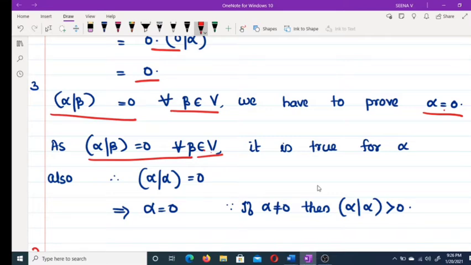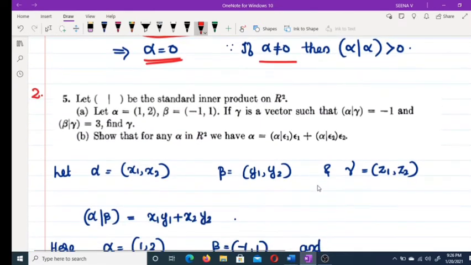If we use alpha for beta, then we get the inner product of alpha and alpha equal to 0. But by the definition of inner product, the inner product of alpha and alpha must be greater than 0 if alpha is not equal to 0. Here we get it equal to 0, that means alpha must be equal to 0. If alpha is not equal to 0, the inner product must be greater than 0, which leads to a contradiction. Therefore, the inner product of alpha and alpha equal to 0 implies alpha must be equal to 0.